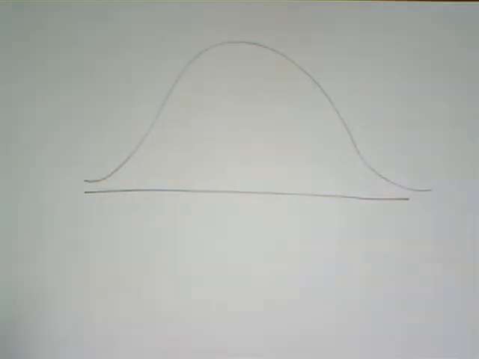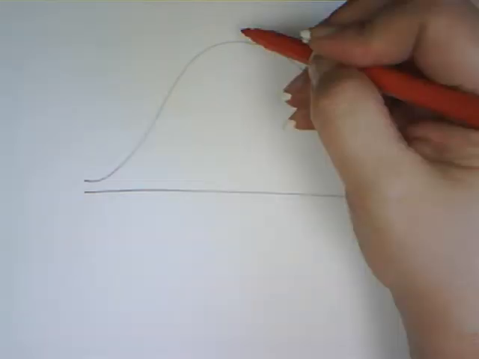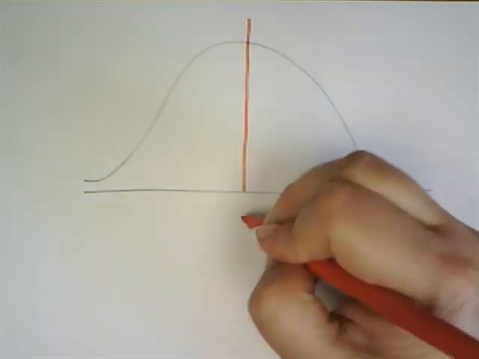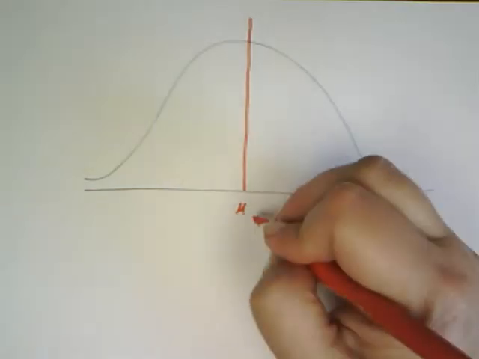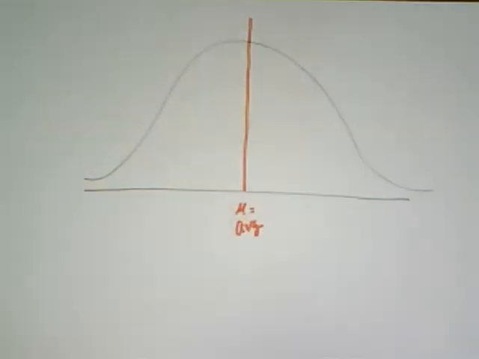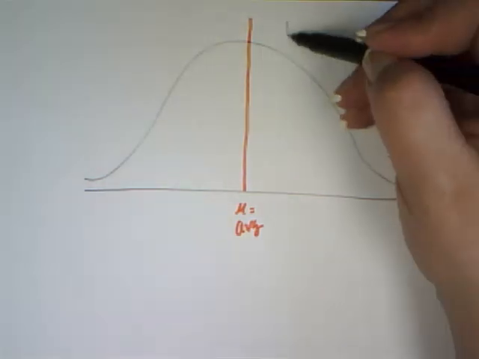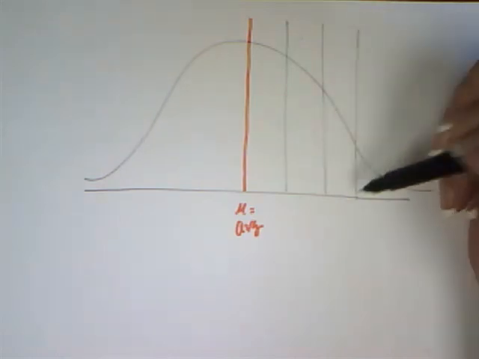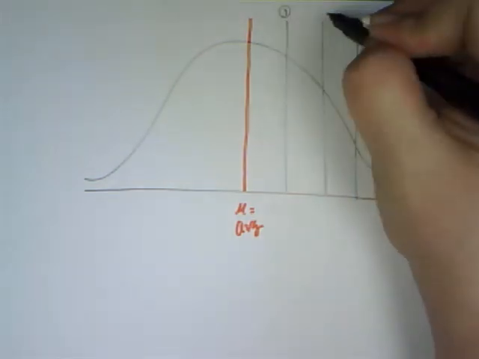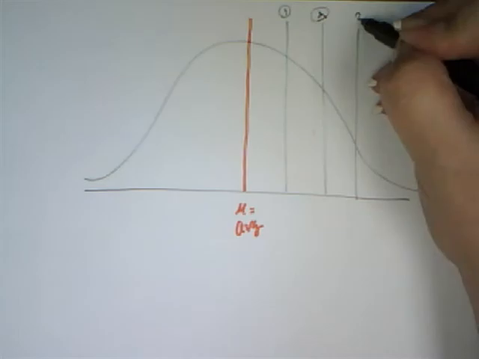Now, if the center line is the average, where we record our average, and that's the mu, that's the symbol for average, then each vertical line is a deviation from the mean. Okay, and that's a standard deviation.